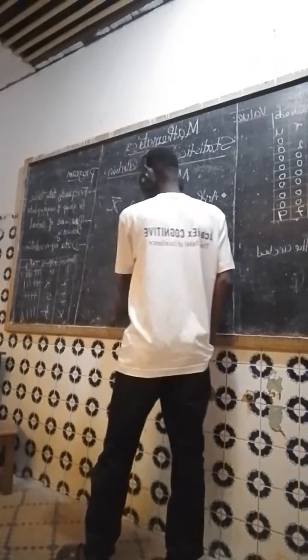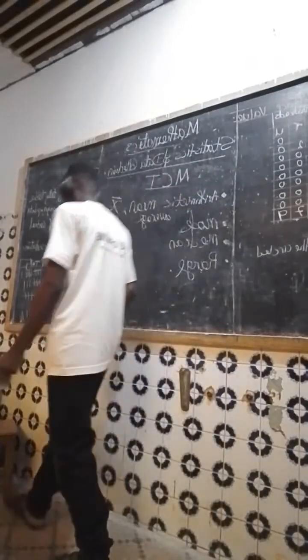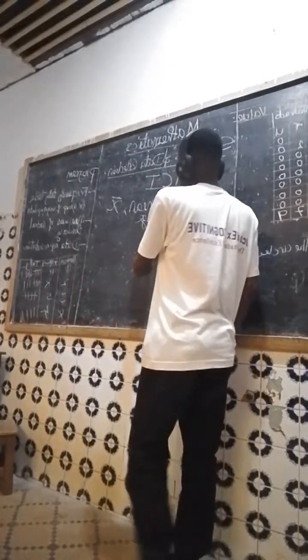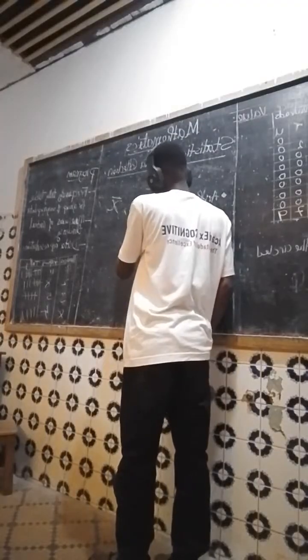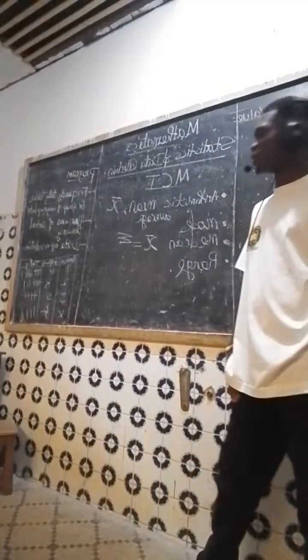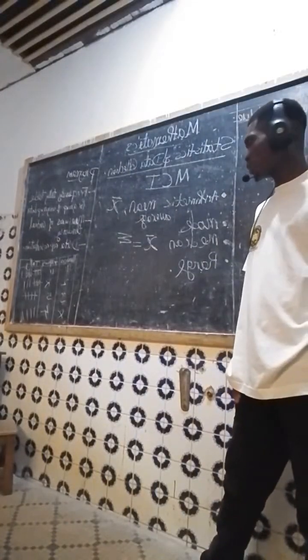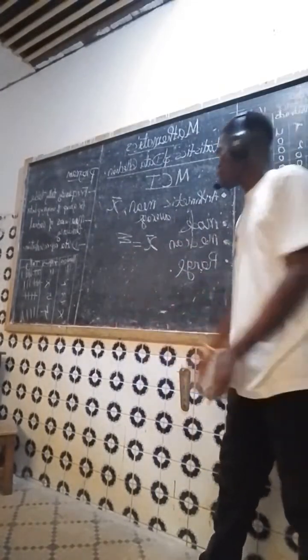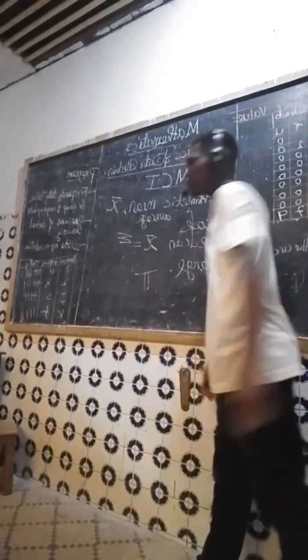Okay, that is it for that. If you need a formula, mean x bar is equal to, what is this? When they put this sign in math, what does it mean? Summation is the sum of everything.